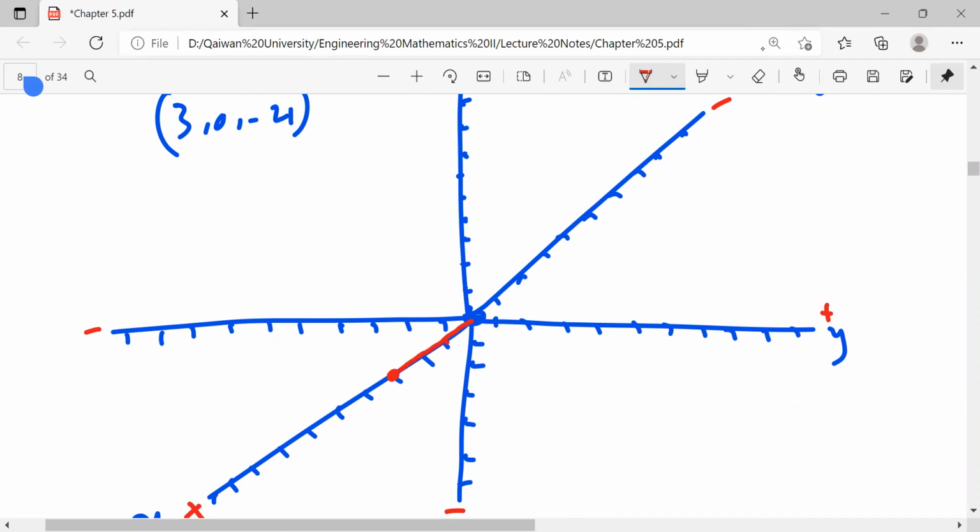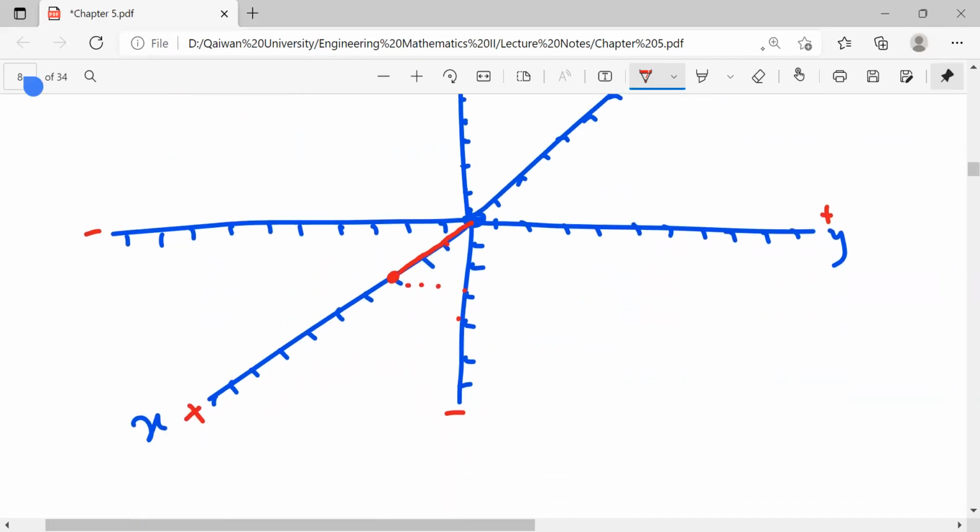And -4, look, it is somewhere here. Then from this point, we go 4 units down in the direction of the negative z-axis. 1, 2, 3. Let's say this is 4.